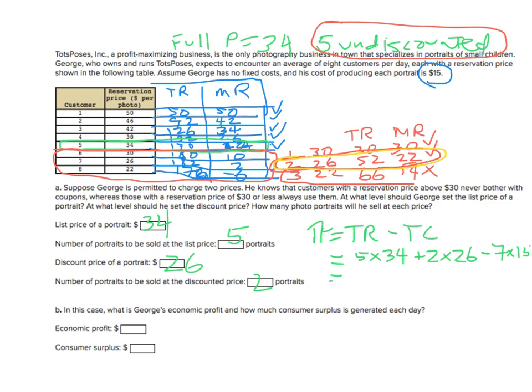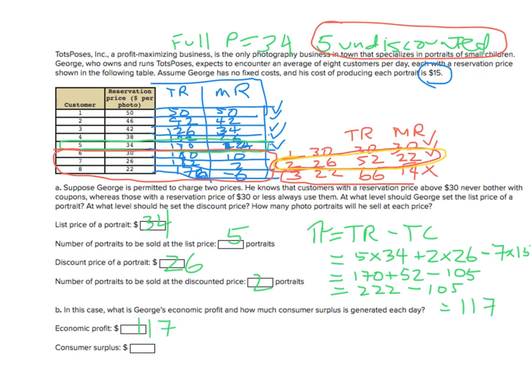So let's see if I can do that in my head. 170 plus 52 minus 105. So that's 222 minus 105, and that's 117 is his profit.